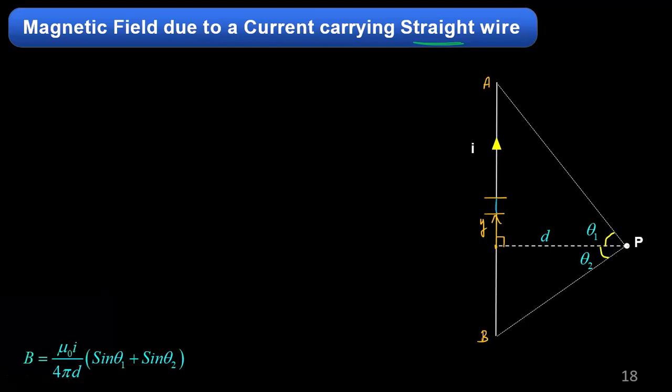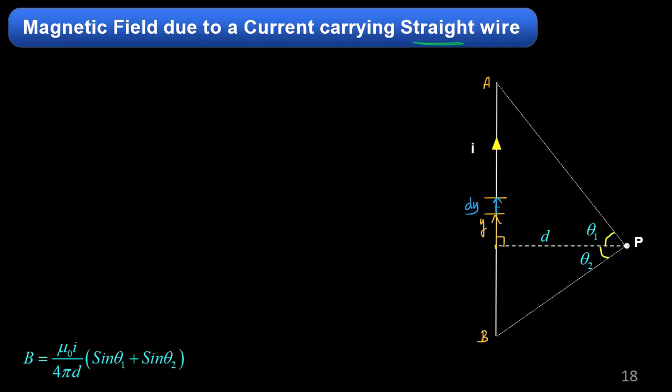That dy is basically our dl. Why? Because dy or dl is the vector, the length of the cut portion of the wire, and it should be considered in the direction in which the current flows. So I have taken dy in the upward direction, because I is also in the upward direction.